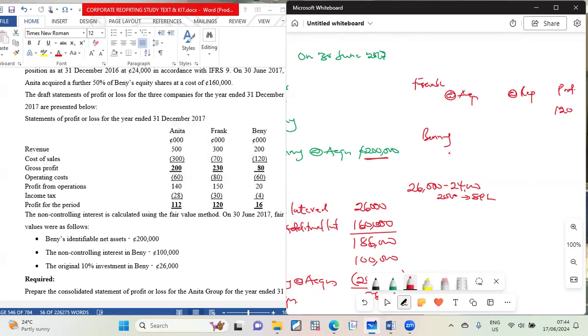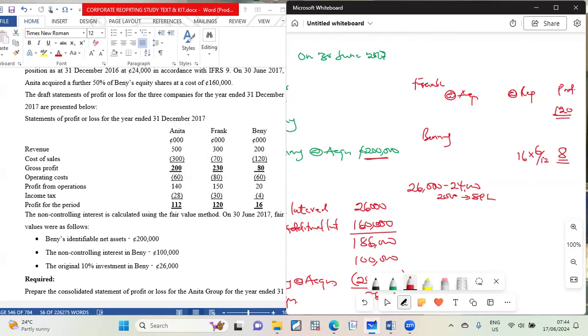Then post acquisition for Benny is 16, but you know the 16 we bought, this is the full year 2017, but we had control in June, all right, 2017. That makes it 6 months. So we will do 6 months of this as will be in our post acquisition. I think that one gives us 8. So that is that. This will be the figures.